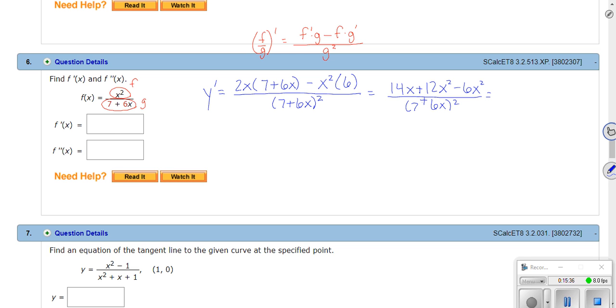So I probably will foil this. Okay, let me go ahead here. I'm going to foil the bottom because I just realized we also have a double prime. So if I foil this, this is going to be 49 plus 42x plus 42x, which is 84x, plus 36x squared.